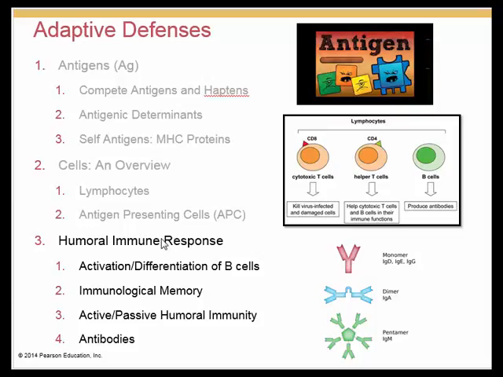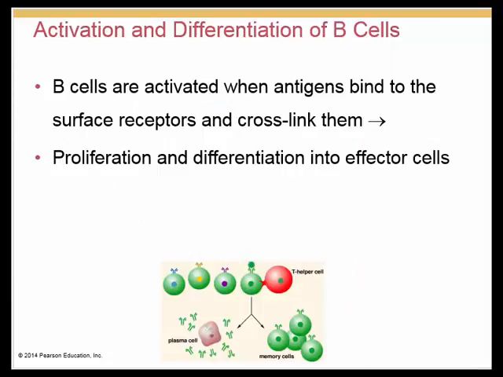So, off and running, the humoral immune response, the B cell arm of the adaptive defenses. Activation and differentiation of the B cells. All right, we know that B cells are activated when they bind to the antigens, or more specifically, the antigenic determinants, the little pieces, parts that they can recognize. They're actually going to cross-link them.